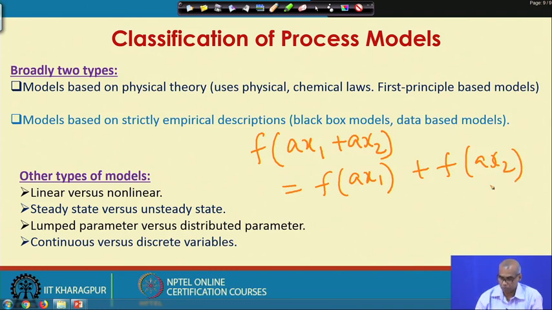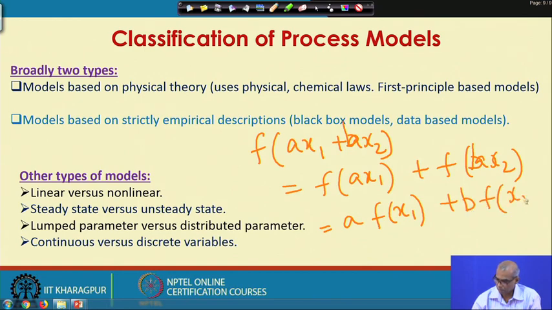This is the principle of superposition. In fact, you can also write it as A and B, where A and B are constants. For nonlinear models, such a principle of superposition does not hold true.